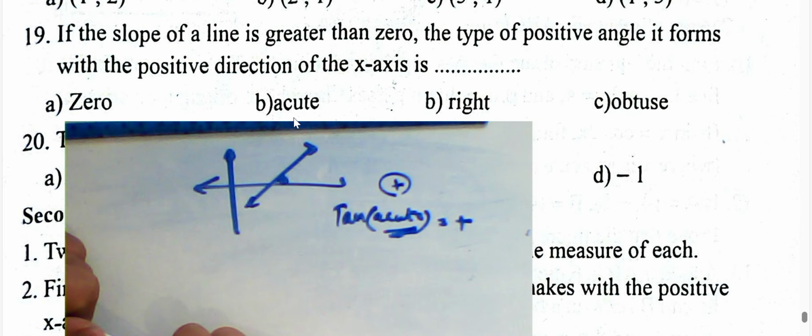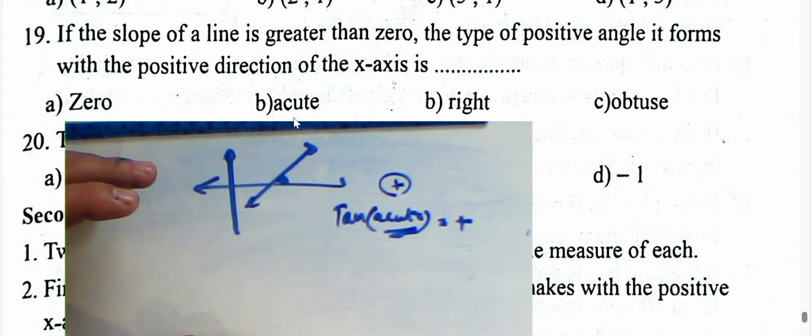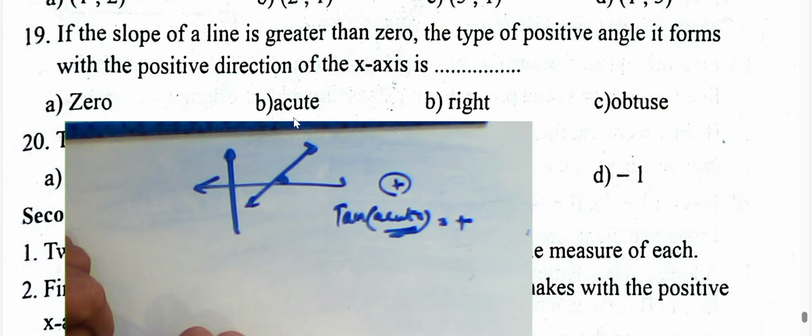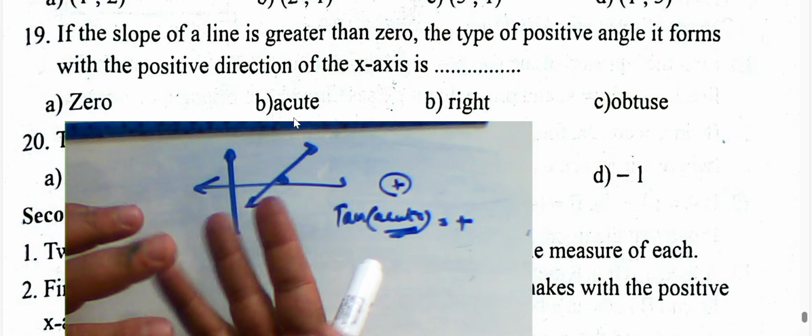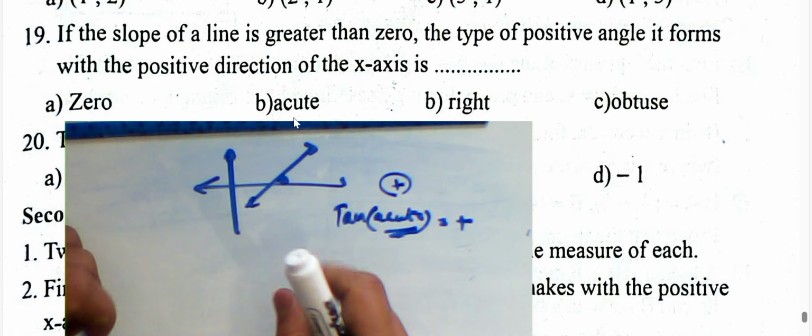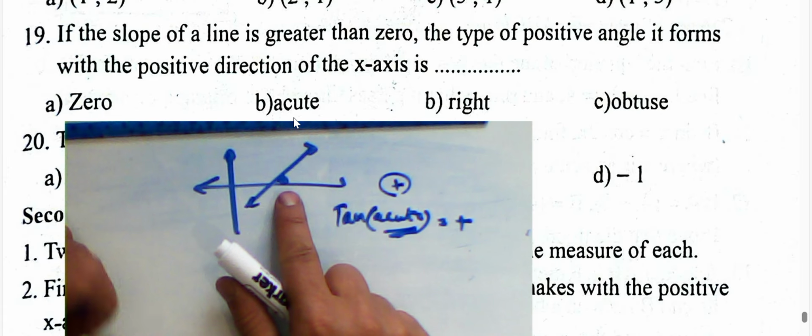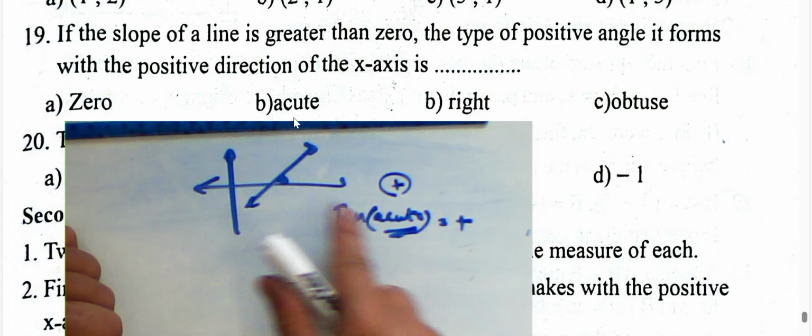But if the slope of the line is less than 0, the angle will be negative, converting from positive to negative, so it will be an obtuse angle. But in this example the sign was positive, so the angle must be acute.